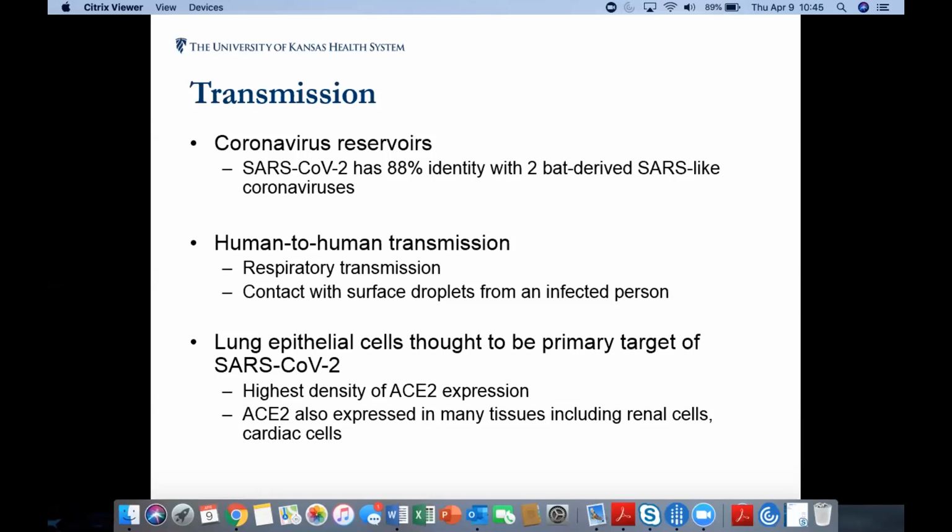It's expressed not only in the lung epithelial tissues, but also renal cells, cardiac cells, liver cells, and even some areas of the central nervous system. That can in part explain why we see such varying degrees of disease manifestation in some of these patients, particularly patients that have severe disease that's disseminated. That may explain why we see extrapulmonary complications in some of these patients.